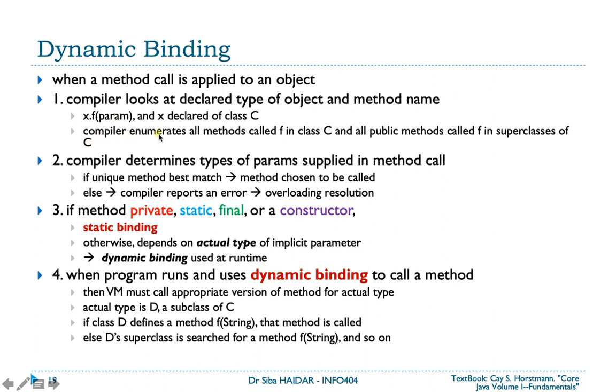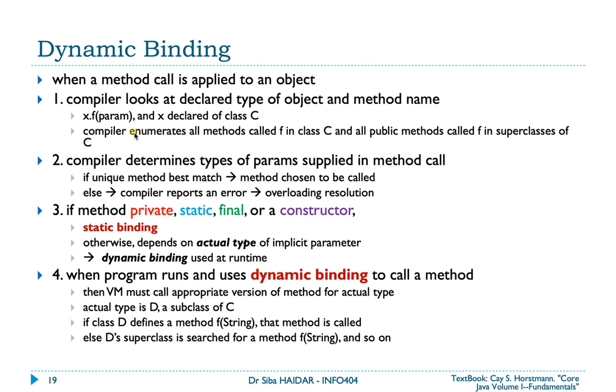The compiler goes and enumerates all the methods called f inside the class C, and all the public methods called f in the superclasses of C. He sees if there is an f from C and above. Okay?